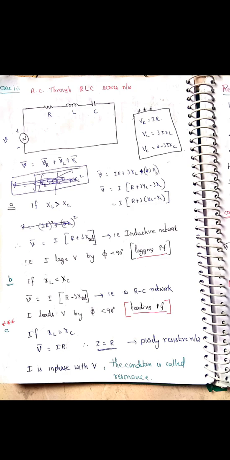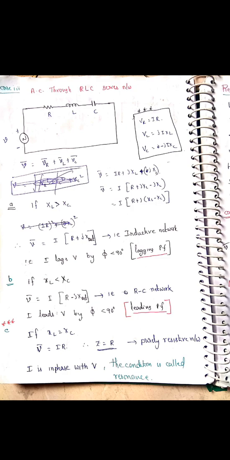Then we can say the inductor is dominating, and the nature of the network is lagging.